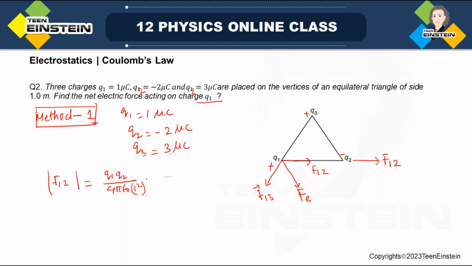So there is nothing else. Let me just write it. So 1 by 4 pi epsilon naught, this will be 9 into 10 to the power 9, approximately. Q1 and Q2, I am taking the magnitude. So I'll take this 2 into 10 to the power minus 6 divided by 1 meter square.